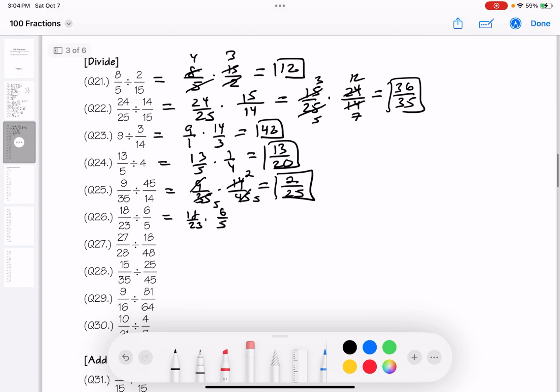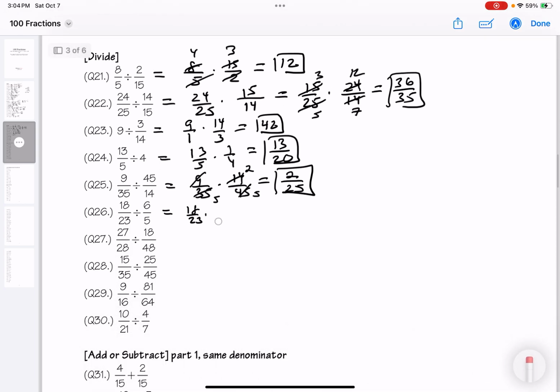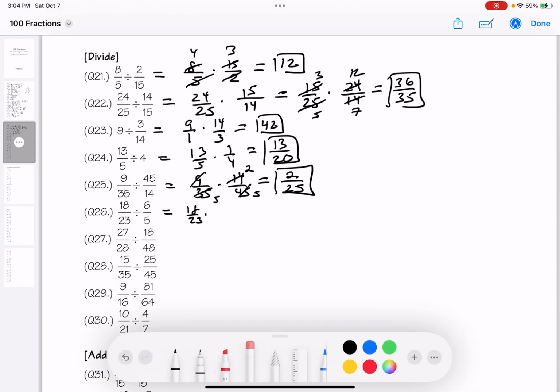Let me erase this, okay? That's 5 sixths. Sorry about that. 6 goes into 18 3 times. So I'm left with 3 times 5, which is 15 over 23.